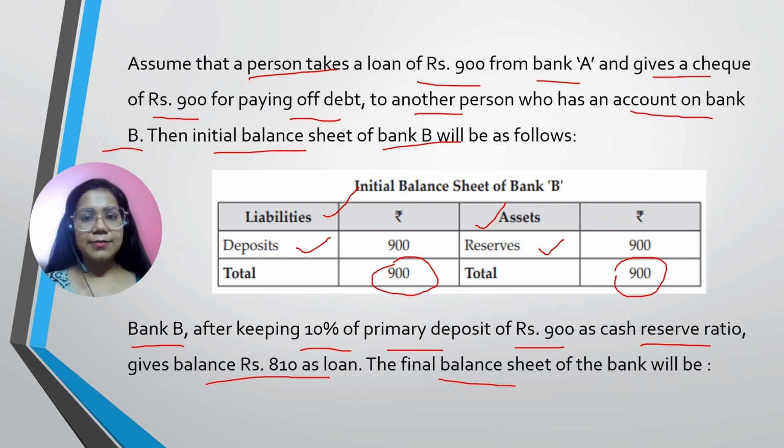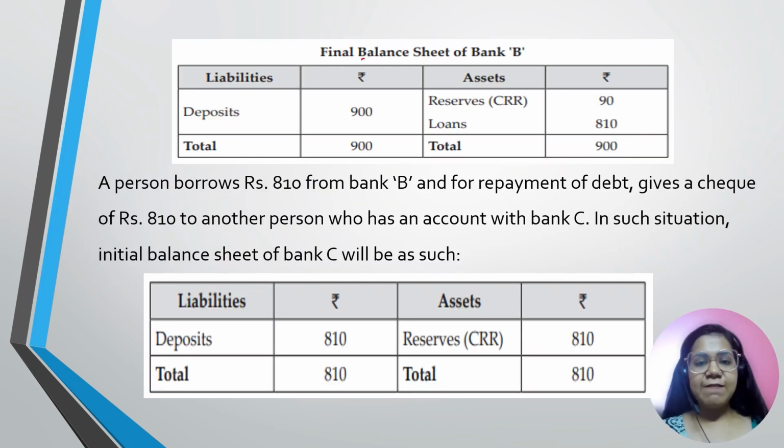So the final balance sheet of bank B will be: in liabilities it got the deposits of 900 rupees. On the asset side it is keeping the CRR or cash reserve fund as 90 rupees of 900, so it is 10% of the deposits, which is 900 rupees. So 10% of 900 rupees is how much?